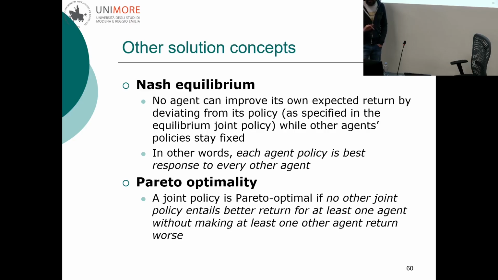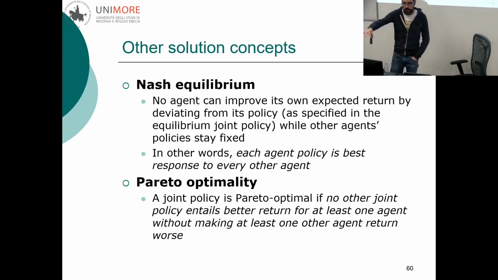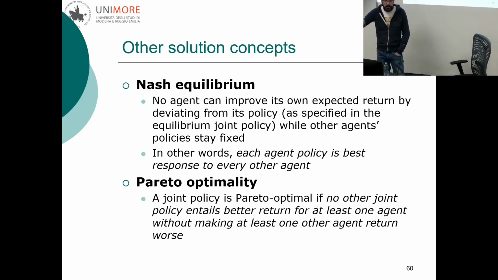If you recall the Prisoner's dilemma, the Nash equilibrium was not the maximum achievable expected return. The Nash equilibrium only says every agent is playing best response against every other agent. This has nothing to do with the expected return of each agent, with the optimality of each individual expected return.